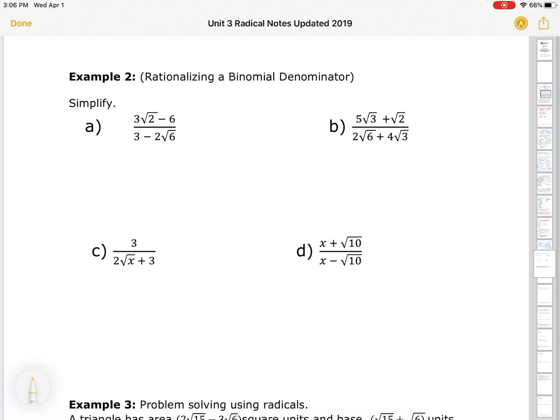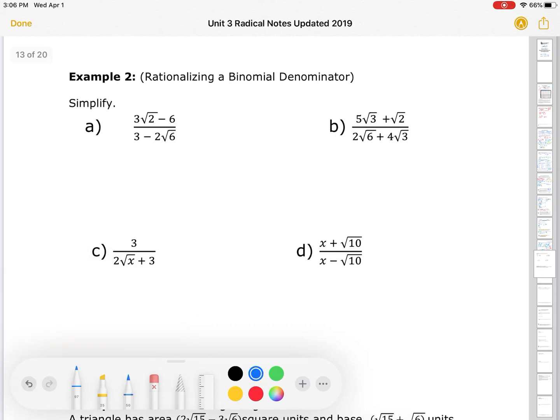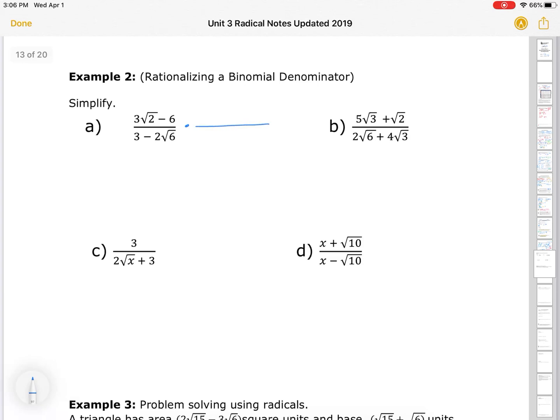So looking at this, we have to think about the conjugates. We just have to think about the conjugate of the denominator because we're going to multiply the top and the bottom by that conjugate. If the denominator is 3 minus 2 root 6, the conjugate is 3 plus 2 root 6.